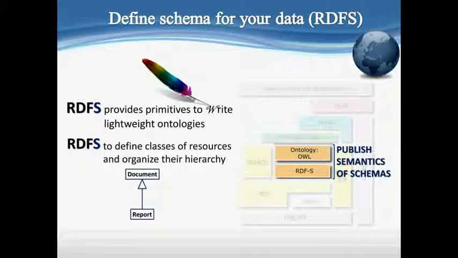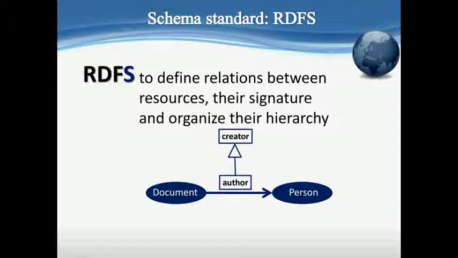Here you have RDFS as a first level. You provide some primitive ontology and primitive classes in your data. You can say, okay, there are relationships between the elements of my data. So you define classes in your sources, and you can define the relationships between the objects in your data.